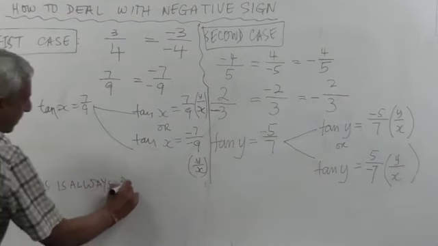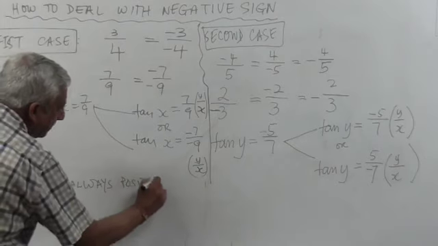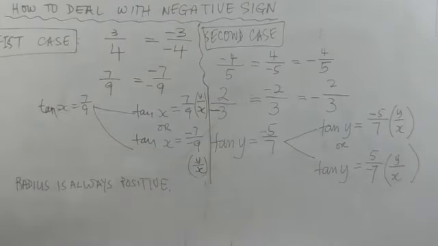Radius is always positive. So the x and the y can change, right? The x and the y can change. So here the x and the y are positive. Here the x and the y are negative.